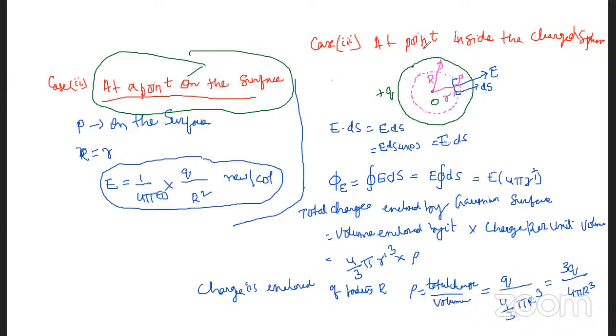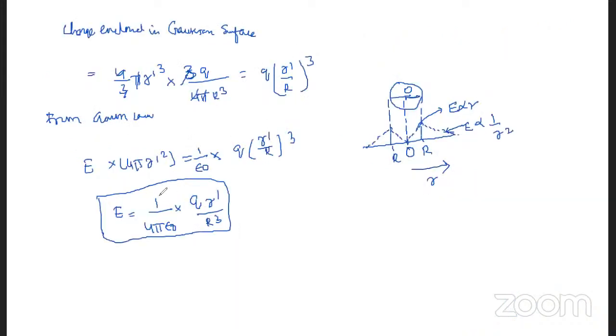Next we have calculated the electric field at a point which is inside of the charged sphere. We have got E is equal to 1 by 4 pi epsilon naught q into r dash by capital R cube. R dash is nothing but the distance of the point P, which is located inside of the sphere, and capital R is the radius of the sphere.